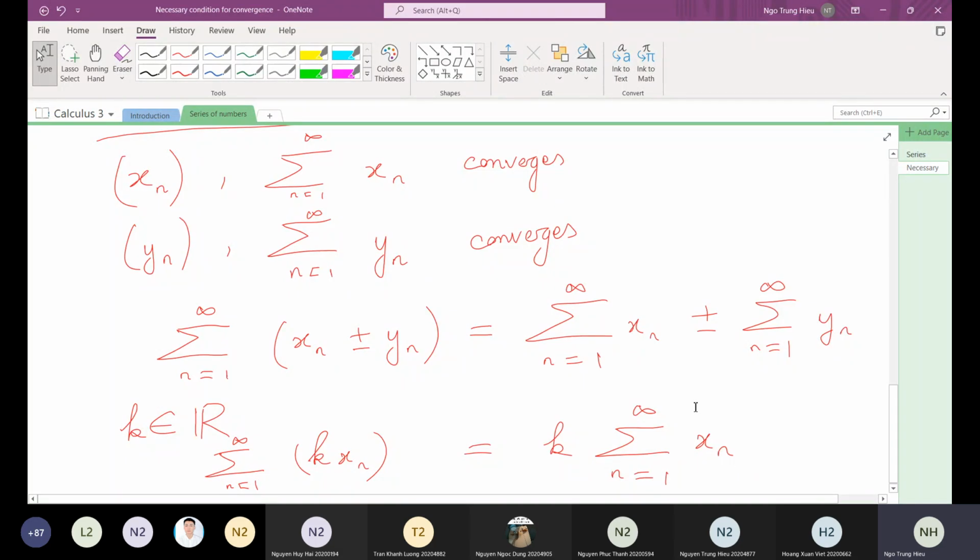All right, so let's continue with some theorems about the convergence of a series. Previously we saw a necessary condition. Now we will see some sufficient conditions.